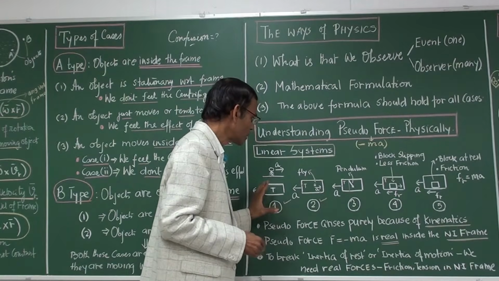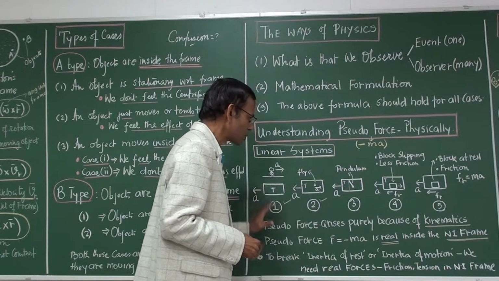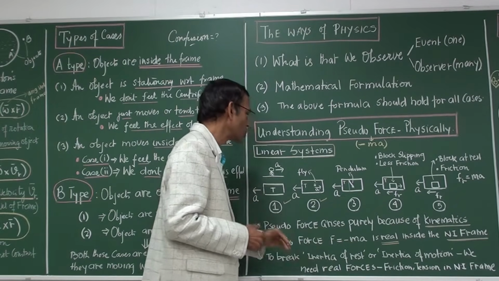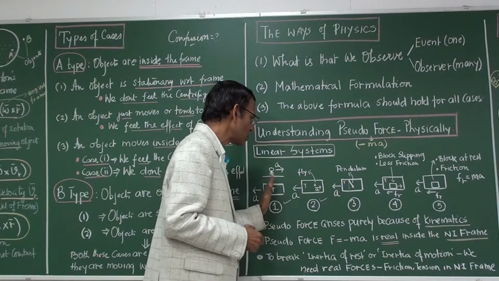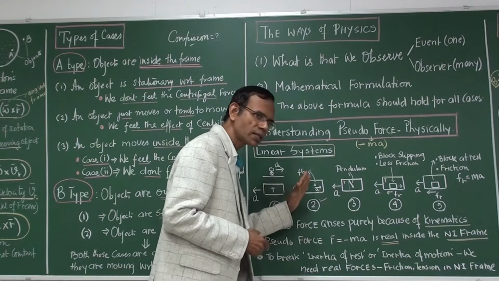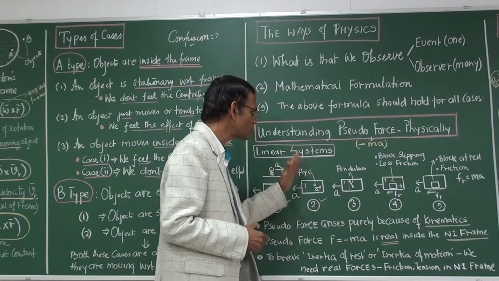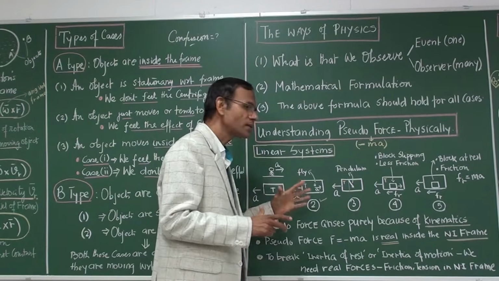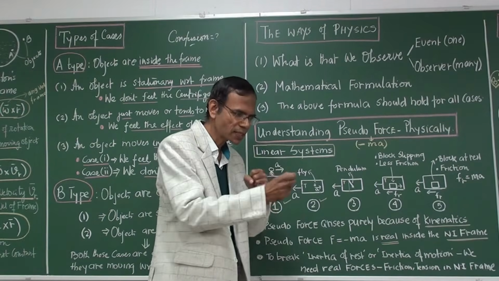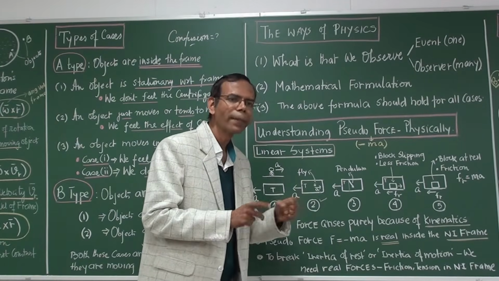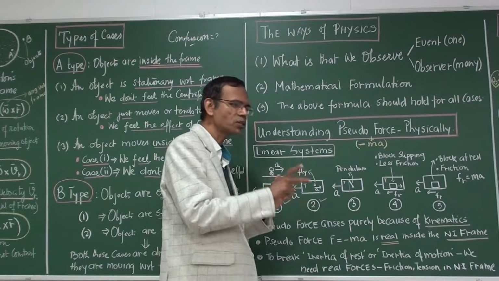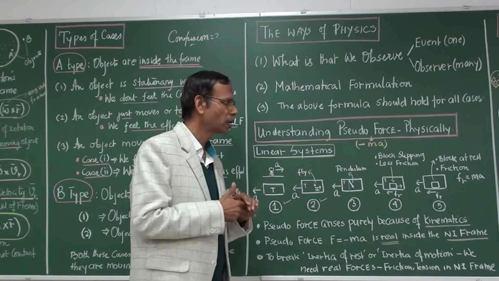So I hope that from these two examples, and I have written down whatever I told, since they are the purest examples of a pseudo force, we get a feel of what the pseudo force is. It is just a matter of relative motion arising because of inertia of rest or inertia of motion.